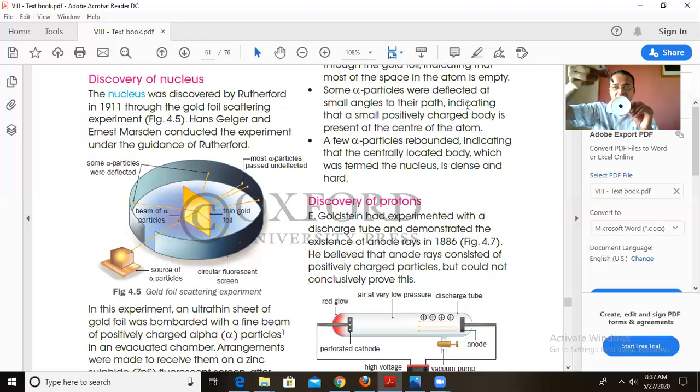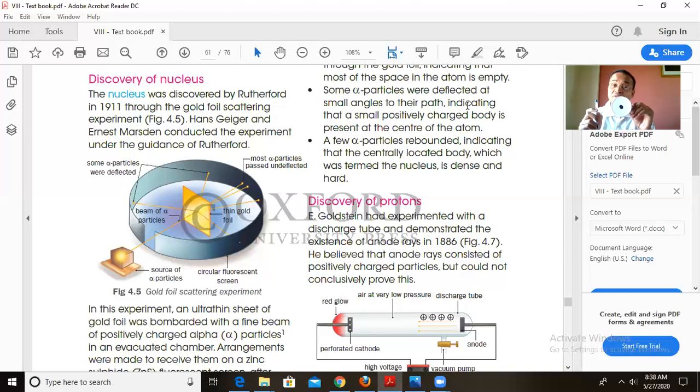So most of the alpha particles were very easily passing through the gold foil. Almost all.